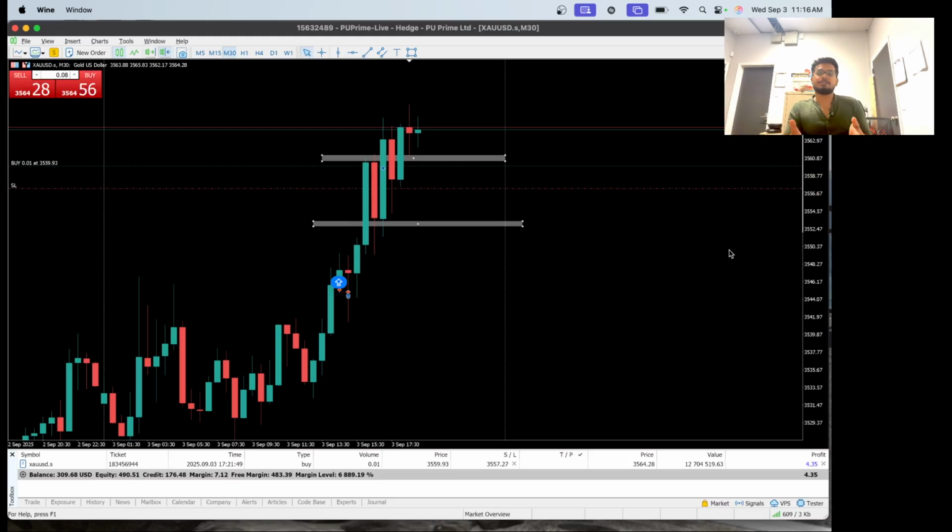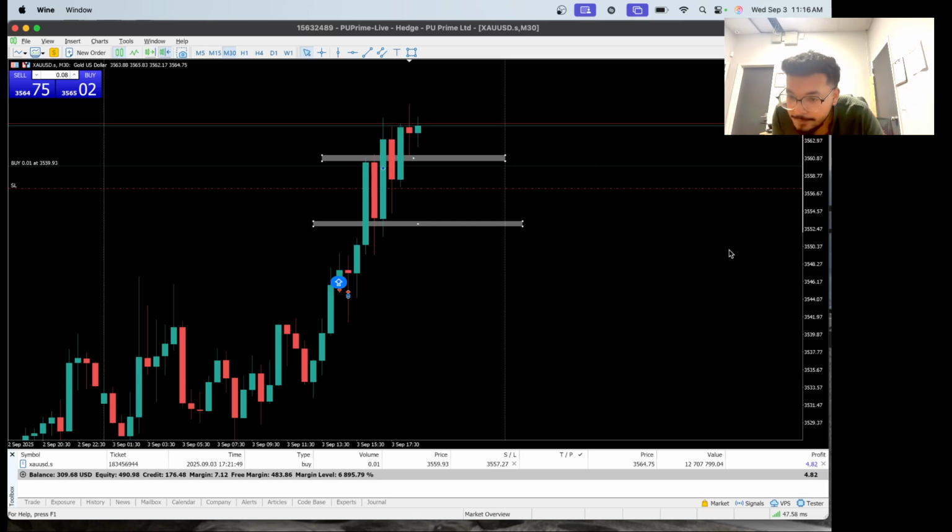The goal with this trade is just to develop a habit of holding my trades much longer. I've seen this, that when I have a smaller lot size, I'm able to hold longer. And once that has been achieved, as you can see here, $4.80 in profit. Oh boy, I'm rich.